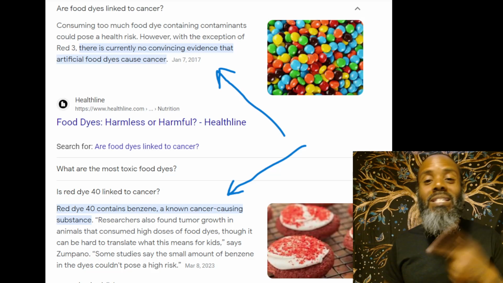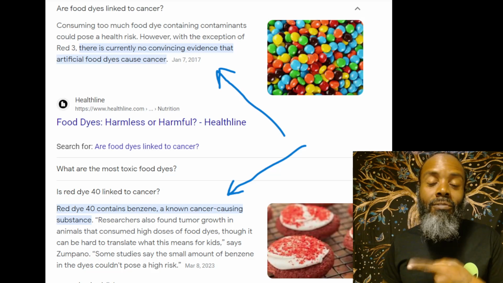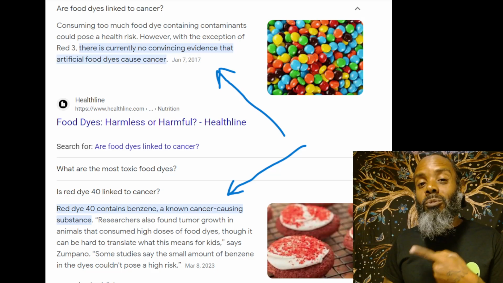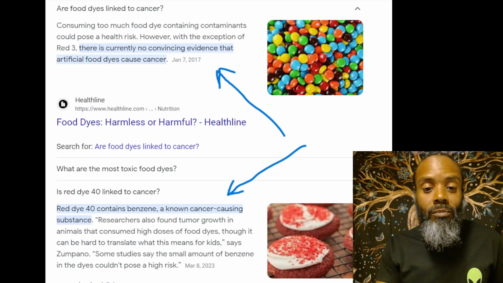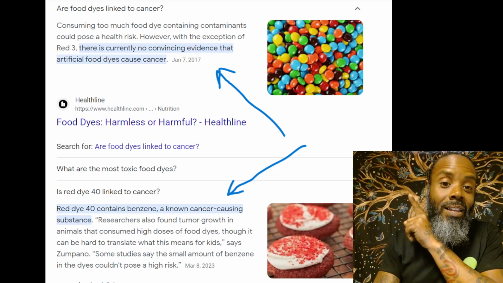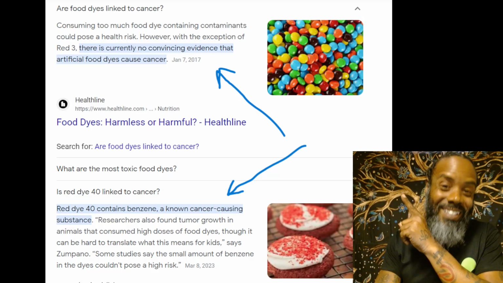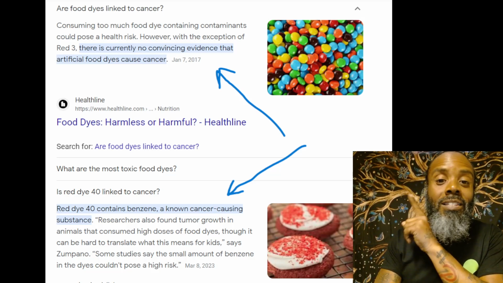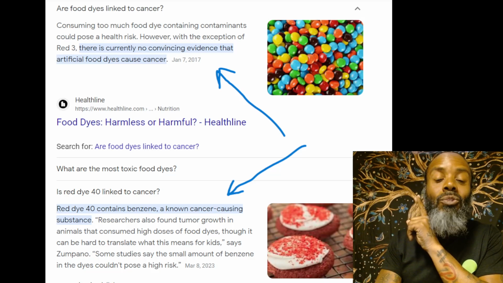I had to ask specifically about red dye 40 because I already knew it was linked to cancer, but it wasn't popping up. And as you see, Healthline is saying that there is currently no evidence that artificial food dyes cause cancer other than red 3.